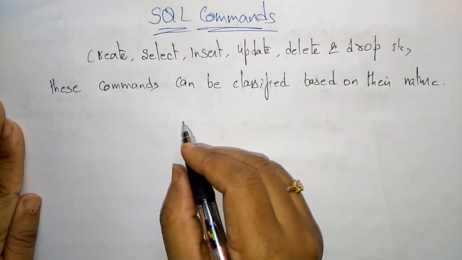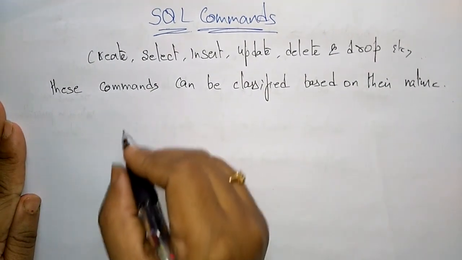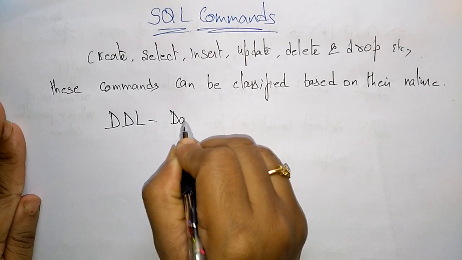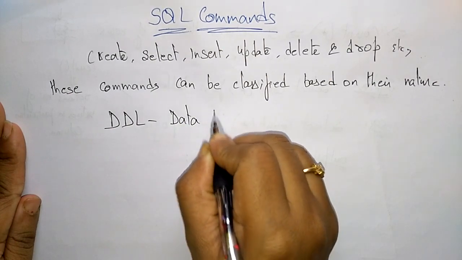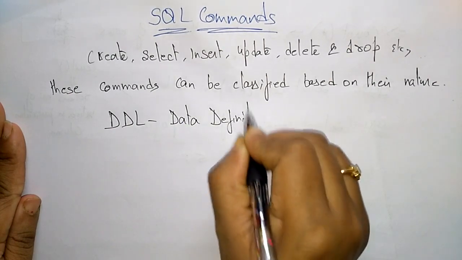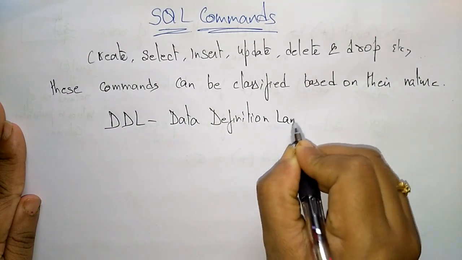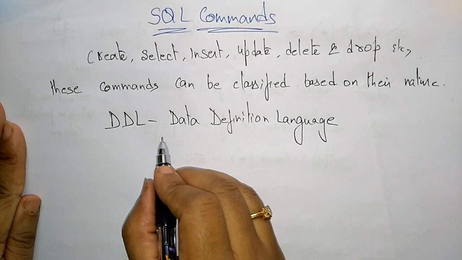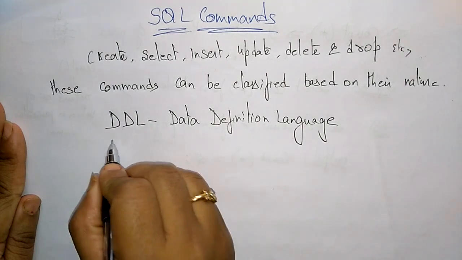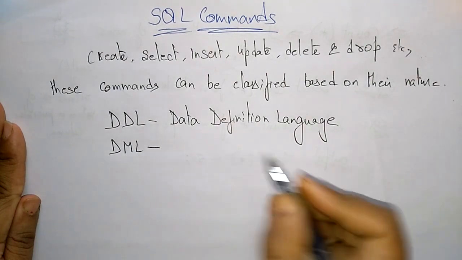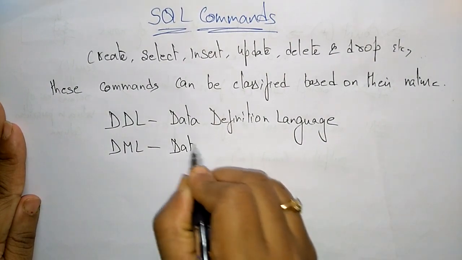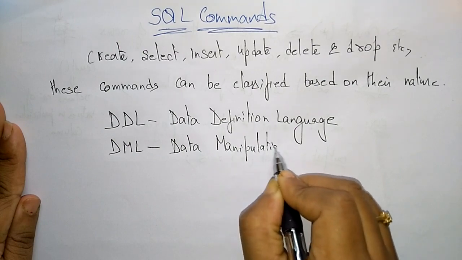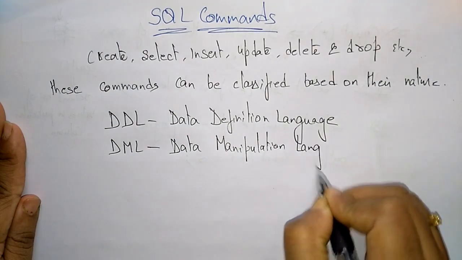So different languages that are used in the SQL commands are the DDL, D for data, D for definition, L for language. DDL commands means data definition language. Next, DML commands, data manipulation, M for manipulation, L for language.